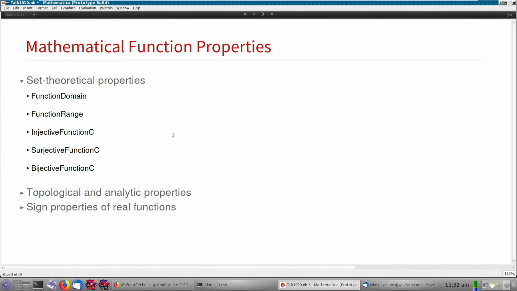So we had some functions that ended with Q and returned true or false. But in this case, C stands for condition. So we may return a condition for the function to be injective or surjective. And we may also not be able to decide whether a function is injective or surjective.